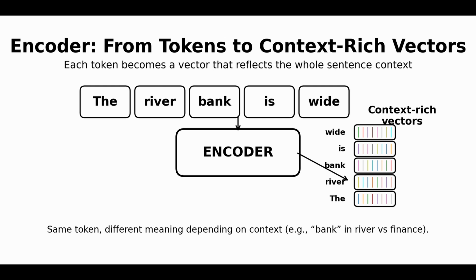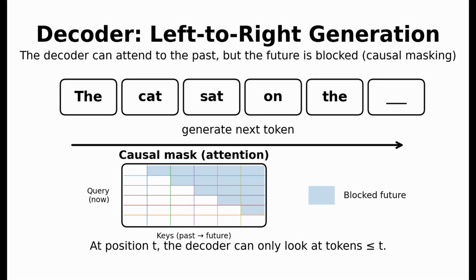It becomes bank as used in this sentence. In a phrase like riverbank, the surrounding words push the representation toward the nature meaning. In bank account, the representation shifts toward finance. Encoders are fantastic when your goal is to understand or compare text, like deciding whether a message is spam, building semantic search, or extracting key information.